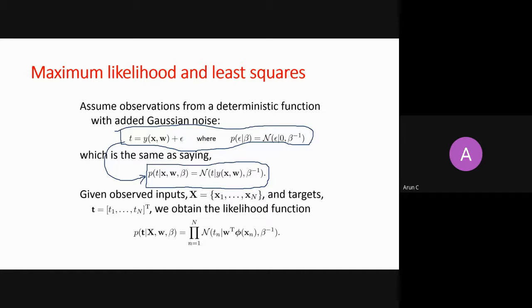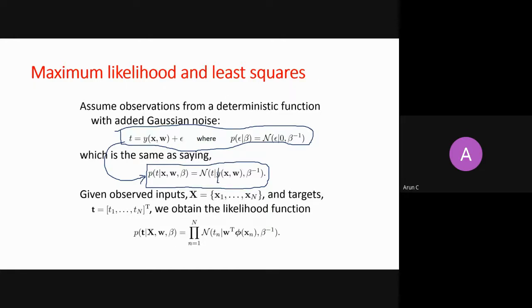Is this clear to you guys? Or any problem in understanding this? Yes, no? So the N here is a Gaussian function. It is the notation for the normal function, the Gaussian distribution.